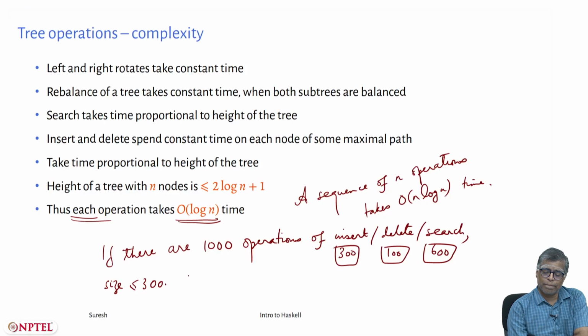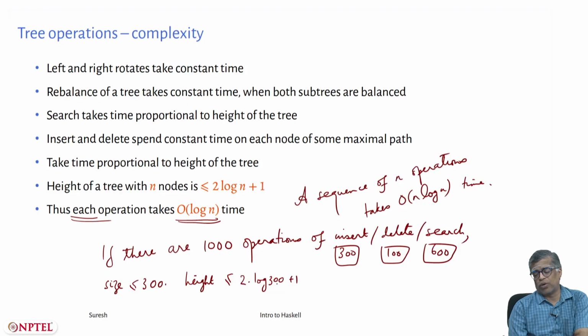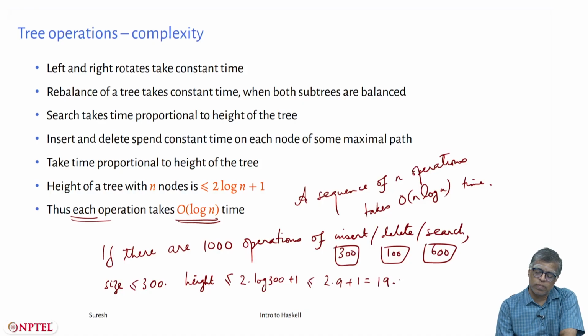So height: log 300 is less than or equal to log 512, which is 9, right? So 2 into 9 plus 1, right?